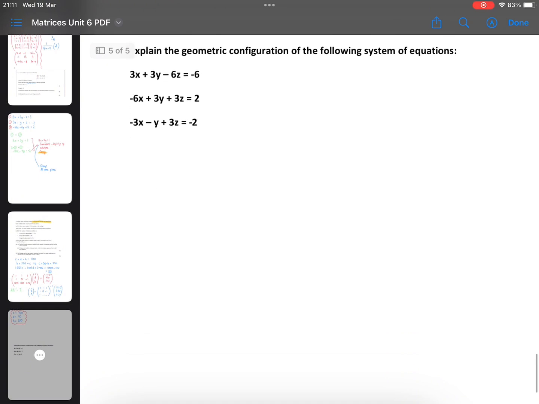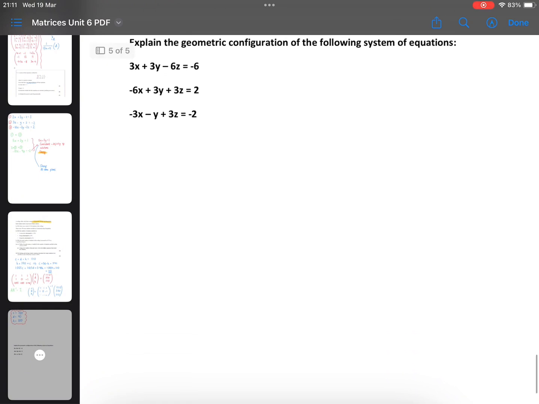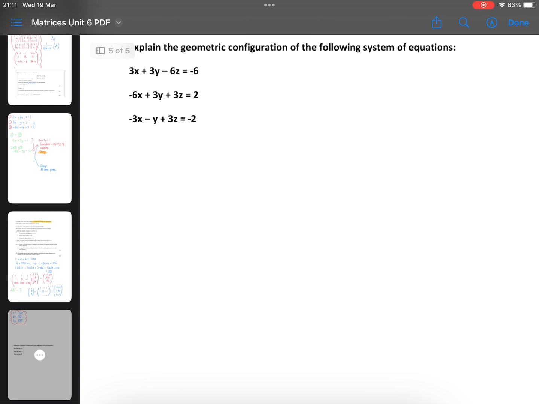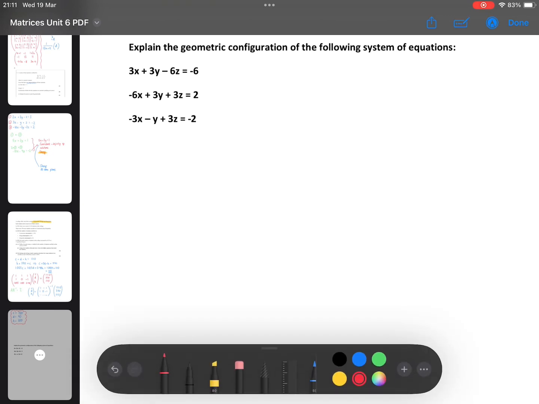Last question asks us to explain the geometric configuration of the following system of equations. So the first thing that we can identify is that they're not the same equation, because they're not linear multiples of each other.